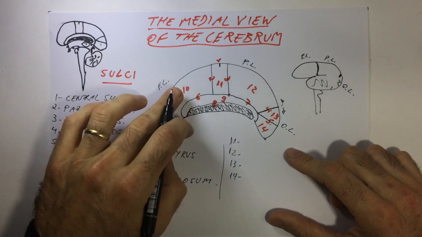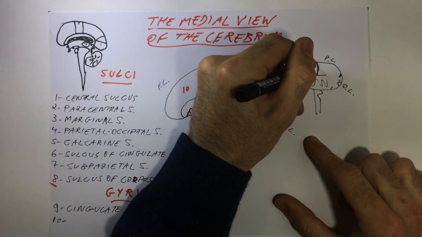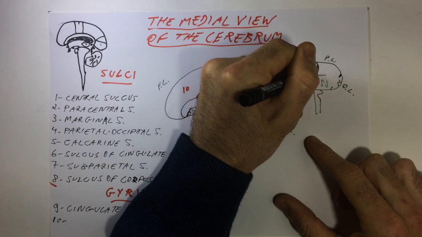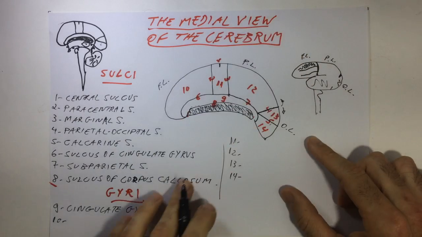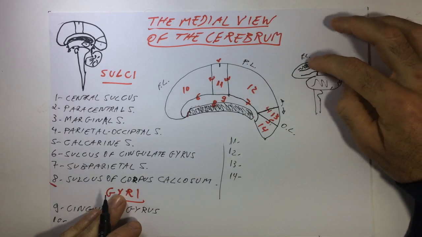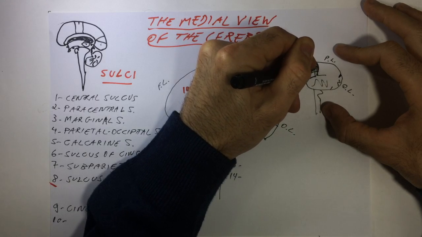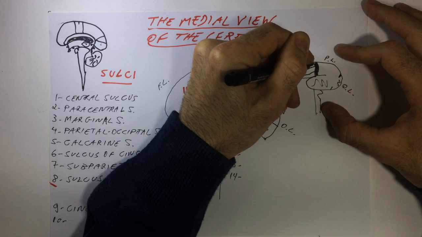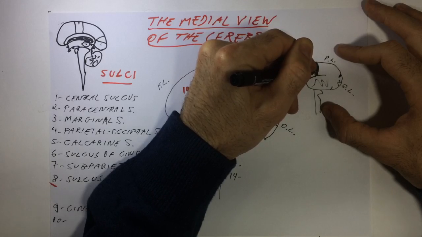Then here is actually the same gyrus that can be found here. So if we get the lateral view of the brain, here, there is just one mistake here, because here we have one gyrus. There is the precentral gyrus, because that's the central sulcus, so that's the precentral gyrus.